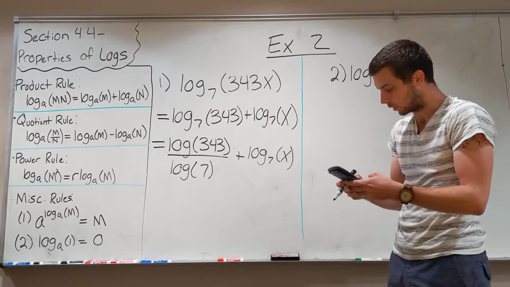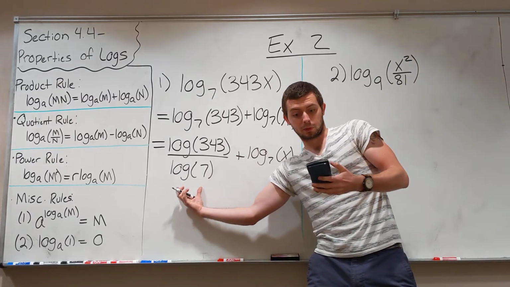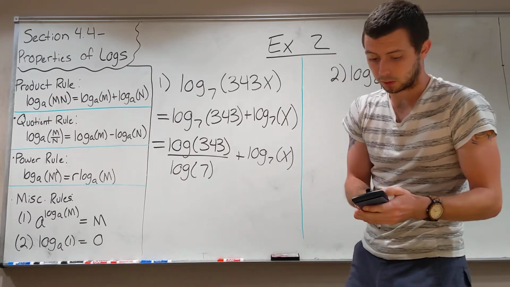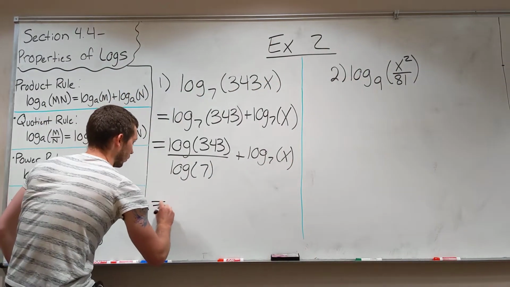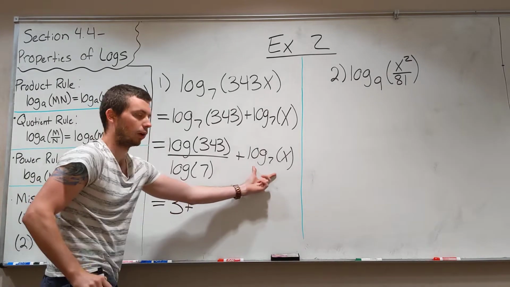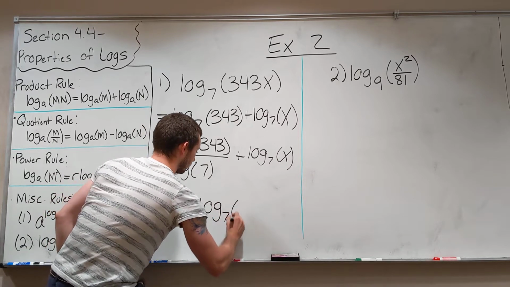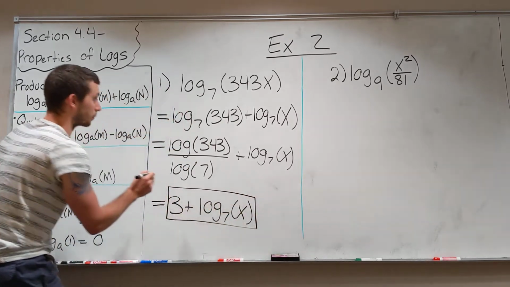Log of 343 divided by log of 7. So I'm just putting this fraction in the calculator and I get 3. So make sure you can get 3. But we can simplify this fraction here. And then the log base 7 of x just follows. And that would actually be the answer for the first one.